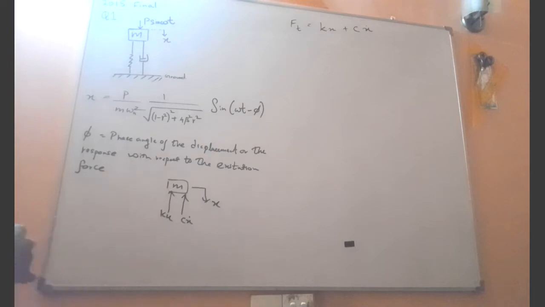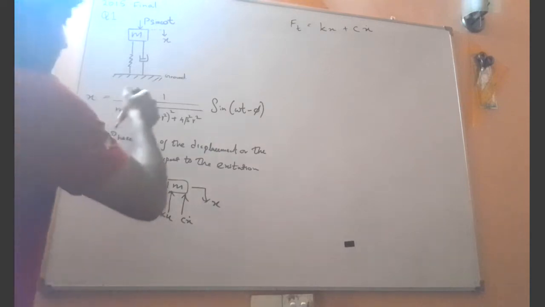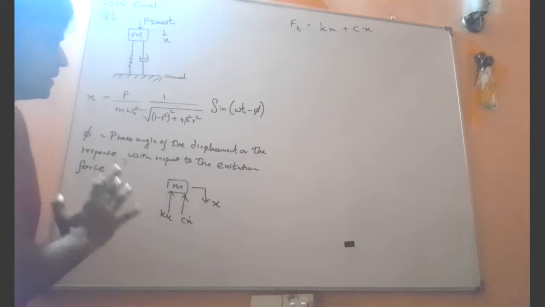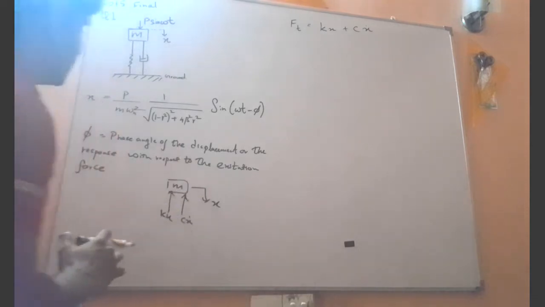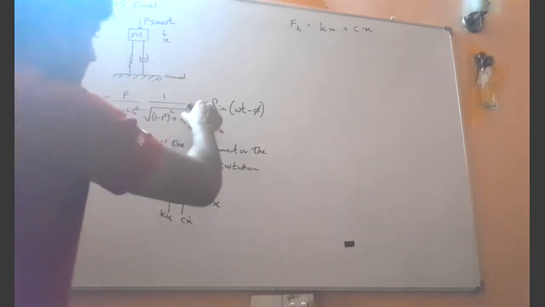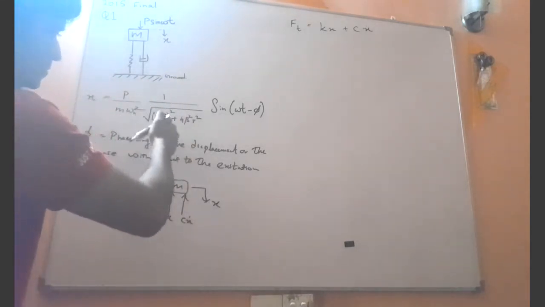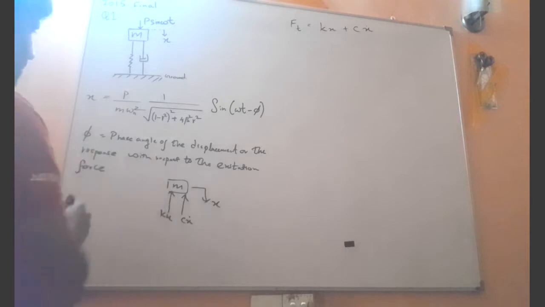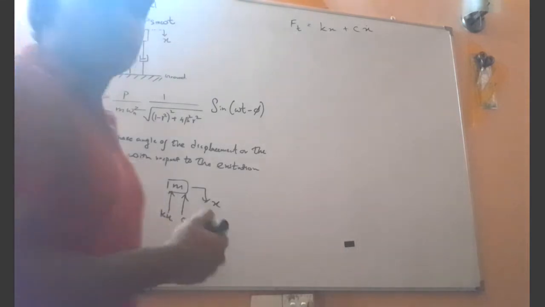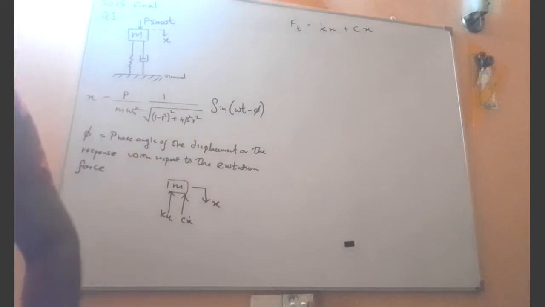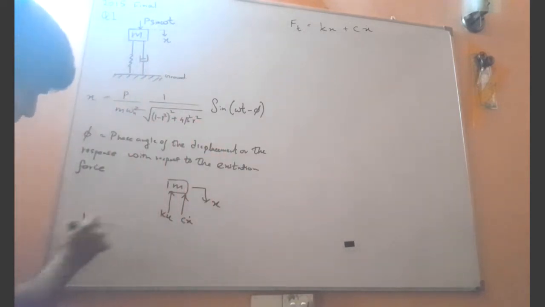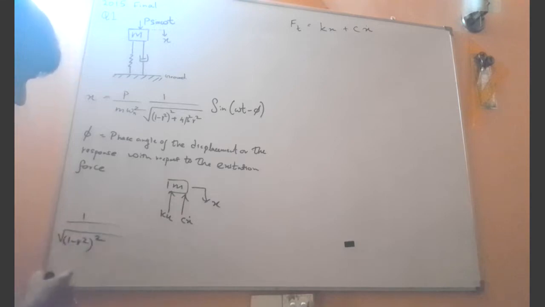And x we already know. But here we are making one substitution, because we can't write this every time: 1 upon the square root of (1 minus r squared) whole squared plus 4 beta squared r squared.